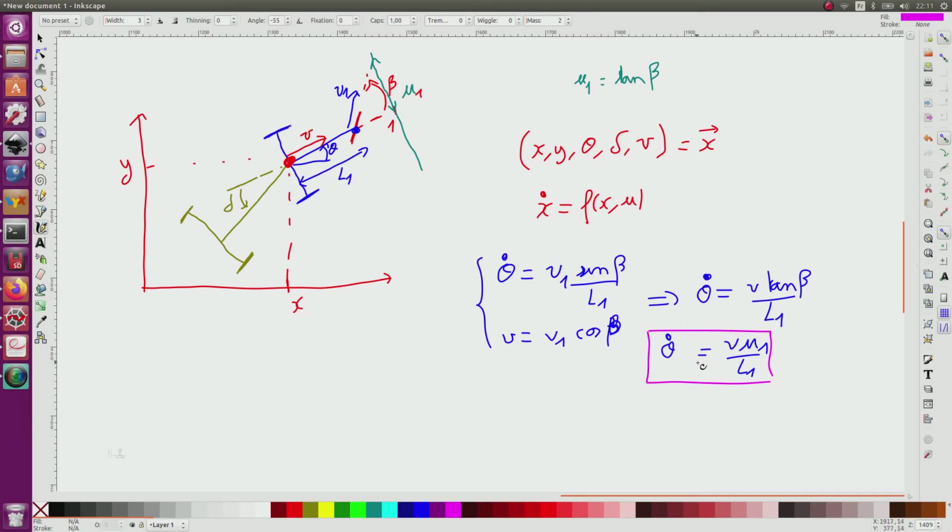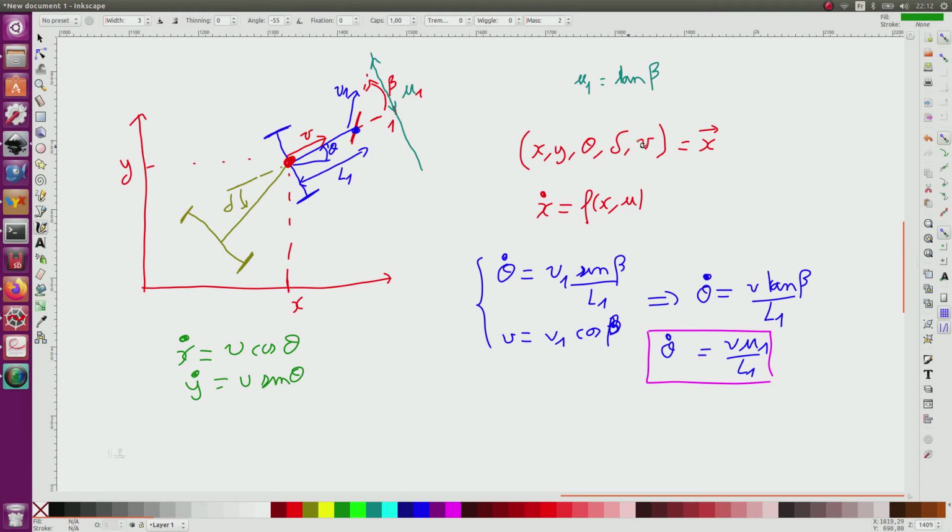Now I will have also the derivative of x, x dot, which is equal to V cos theta, and y dot is equal to V sine theta.